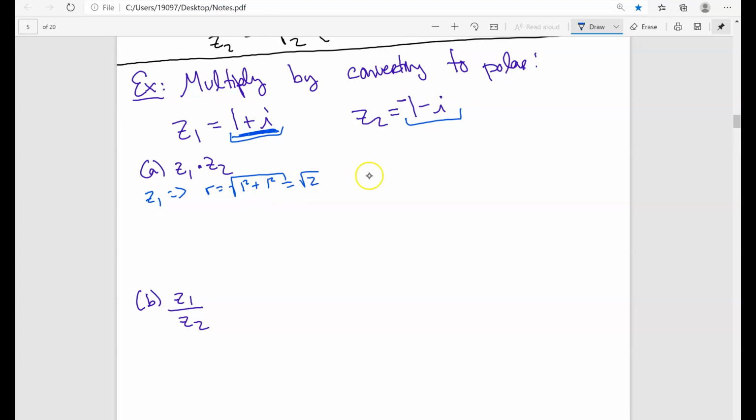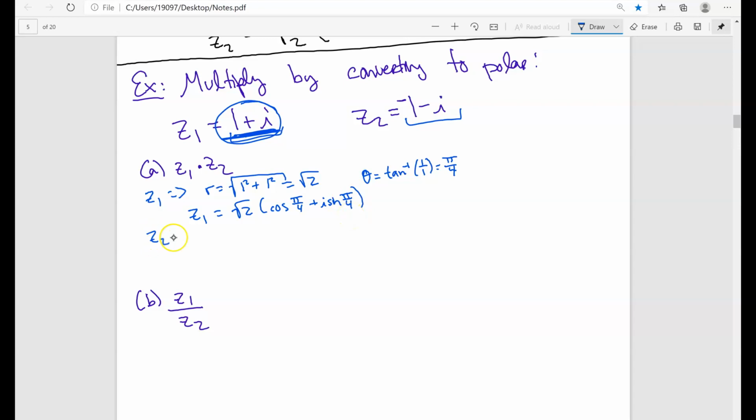The theta value is going to be equal to the inverse tangent of the division between those, which is 1 over 1. Notice that we've already solved this one. This is pi over 4. So it makes sense for this guy to be pi over 4 because it's in quadrant 1, just like how we did it in the previous one. So when I write it in polar form, it's going to be square root of 2 cosine pi over 4 plus i sine of pi over 4.